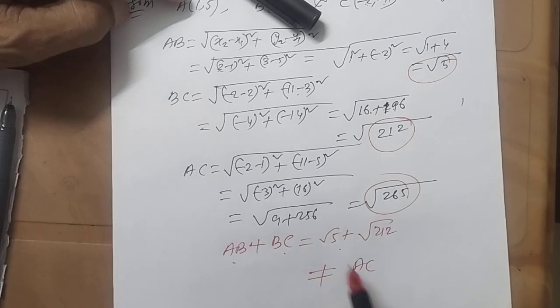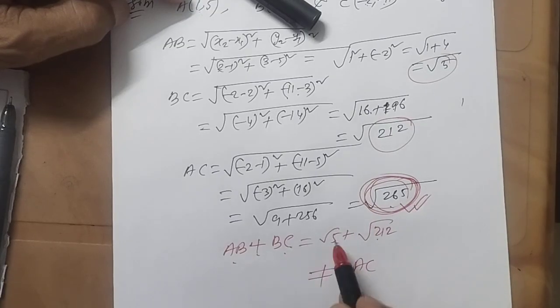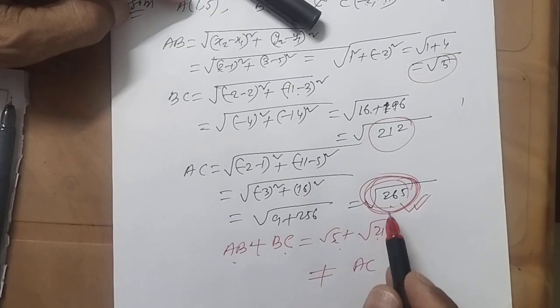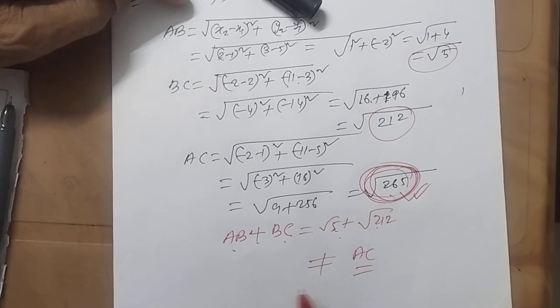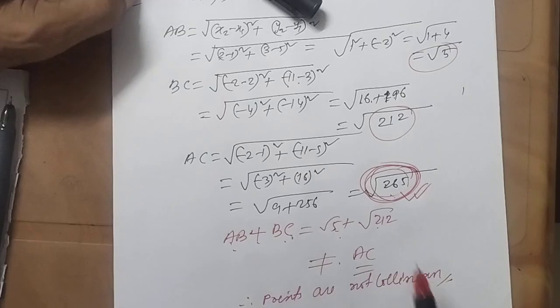AB plus BC is not becoming AC. These two adding together should become this one, but it is not satisfied, and therefore you can say the points are not collinear. They are not lying on the same line.